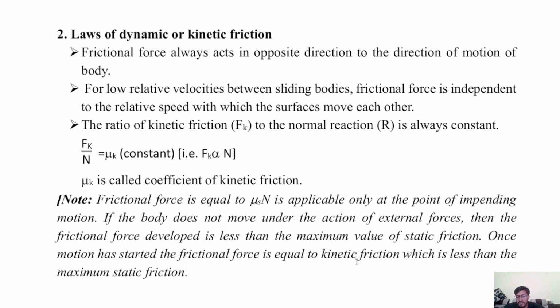That means maximum static frictional force is greater than the kinetic friction. That means friction force in static condition is greater than the friction force in kinetic condition.